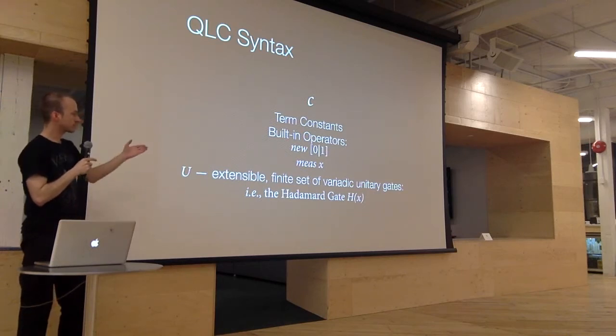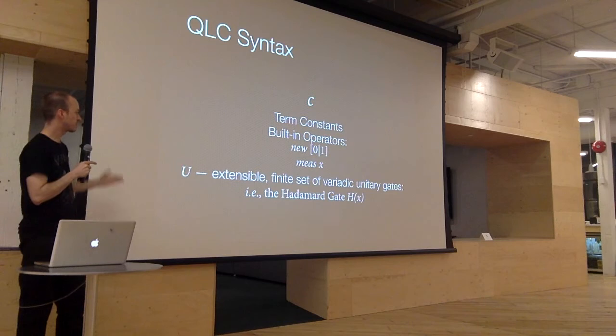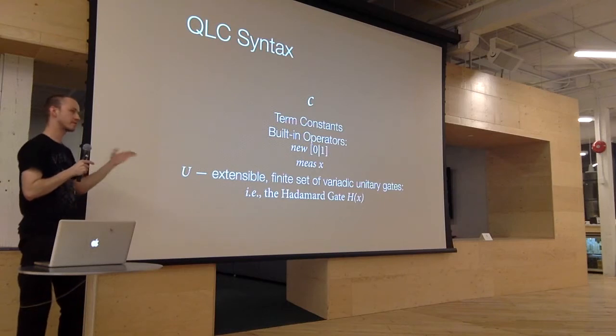And then measure: you pass it a quantum object of some kind, and it returns the classical value. And then you have the set of unitary gates, which are ported over to the quantum Lambda calculus from the gate model.